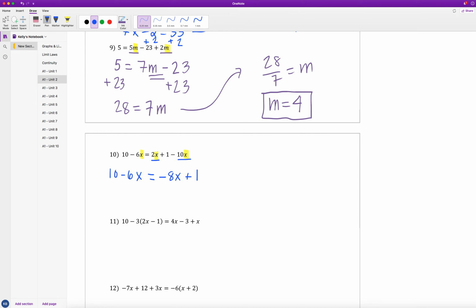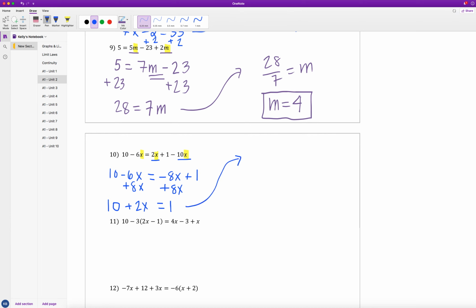Now this looks similar to a prior example that we've seen, so I'm going to combine the x's first, and add 8x to both sides so that I'm getting my x's on the left-hand side. When I do that, I end up with 10 still plus 2x, since negative 6x plus 8x will give me positive 2x, equals, on the right-hand side, 1, since the 8x's ended up canceling each other out.